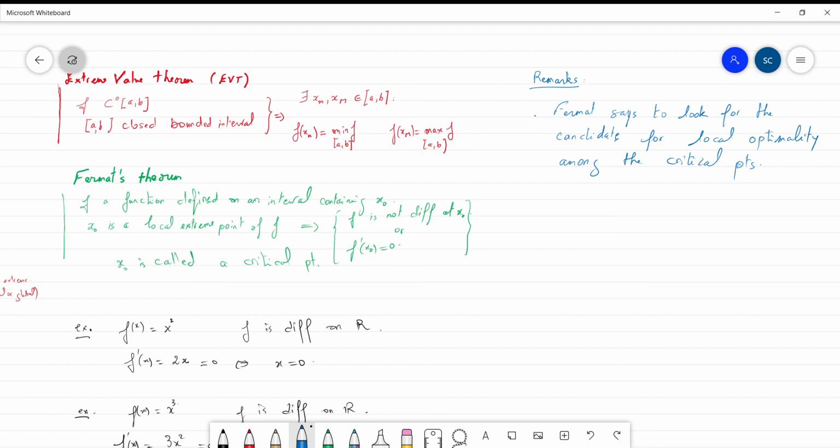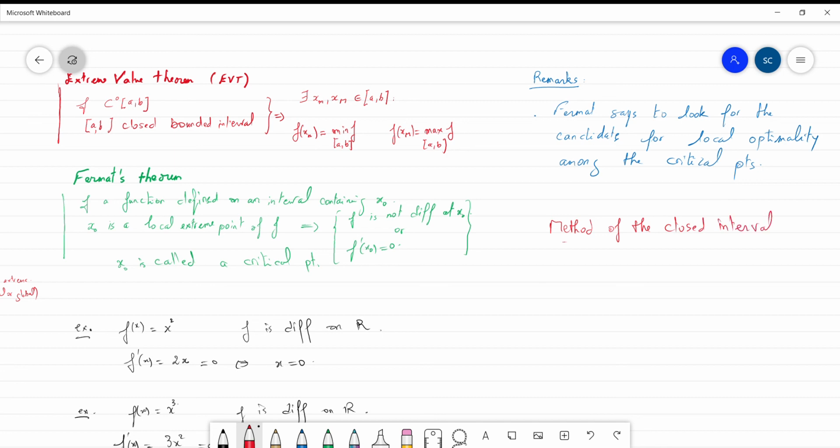This is very, very important because it gives us a way to solve some category of optimization problem. So here is the method of the closed interval. What do we mean here?